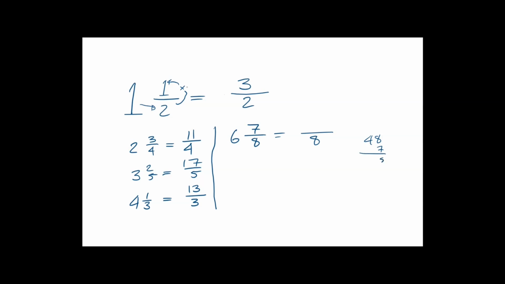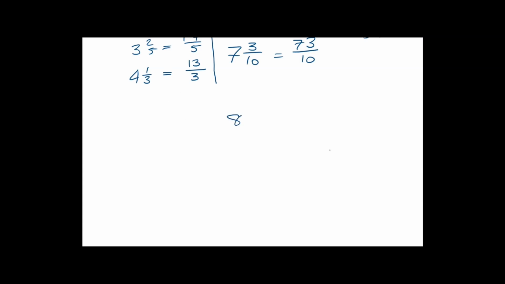So it's going to be 5, carry the 1, and the answer is 55. Okay, how about this one then? 7 3/10 is an improper fraction. Well, 7 times 10 is 70, but the 10 stays there. 70 plus 3 is 73.